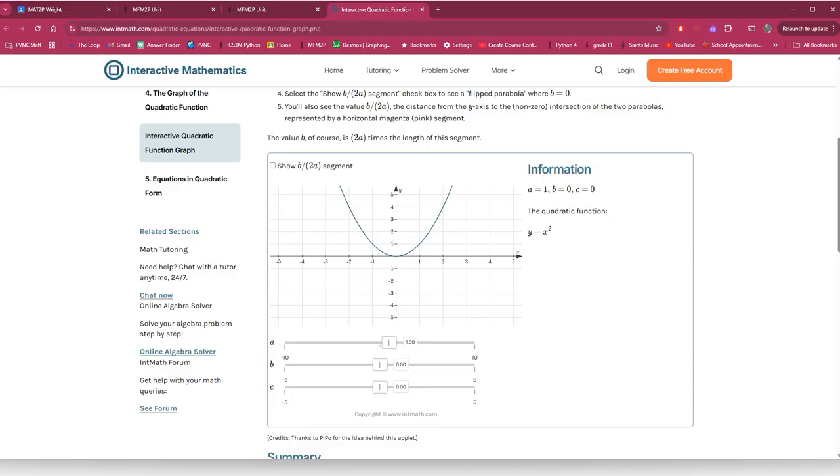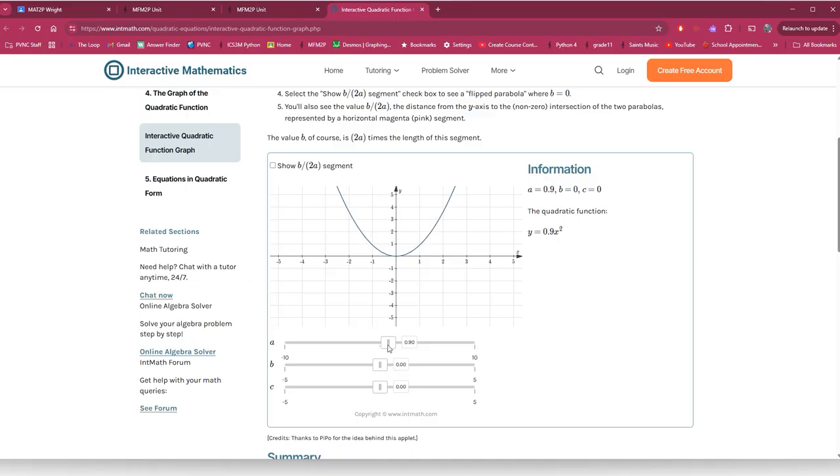Right now we have an equation of y equals x squared. So a has a value of 1. We can adjust the a value down here. If we make it 2, you can see how it gets steeper. Up to 4, even steeper, and we can just move that all the way up to 10.